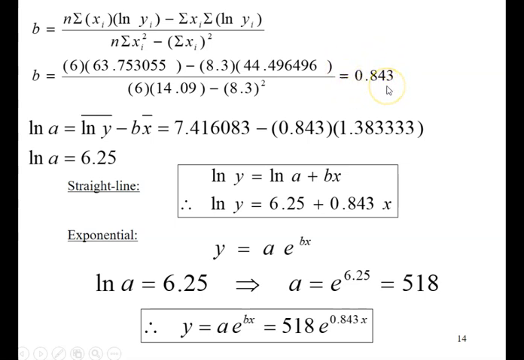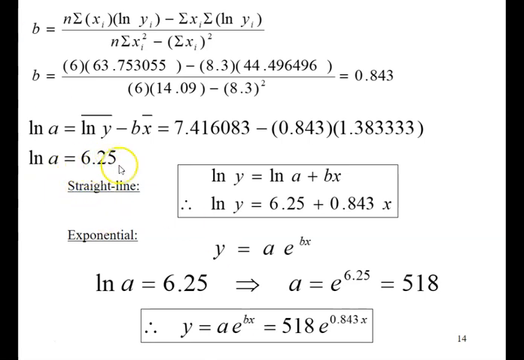Once you have your slope, you can substitute into the equation for the intercept, which equals the mean of y minus b, the slope, times the mean of x. Just substitute everything, and you get ln a equals 6.25.